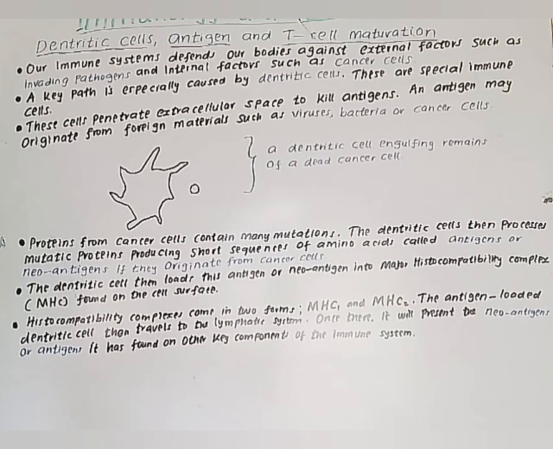Histocompatibility complexes come in two forms, that is MHC1 and MHC2. The antigen-loaded dendritic cell then travels to the lymphatic system. Once there, it will present the neoantigens or antigens it has found to other key components of the immune system.